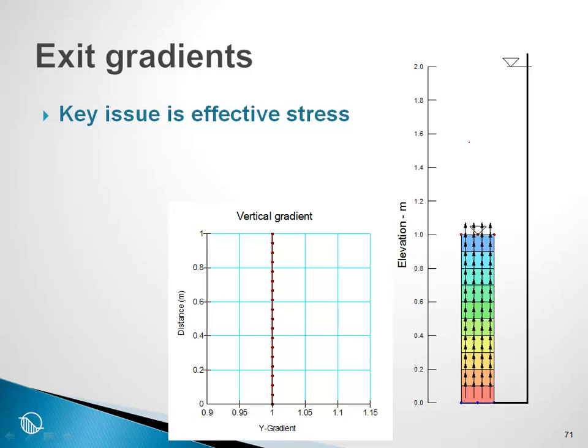In essence, at the root of this is effective stress. What we are really saying, if we want to keep the gradient to 1 or less, is that we do not want the effective stress to go to 0.